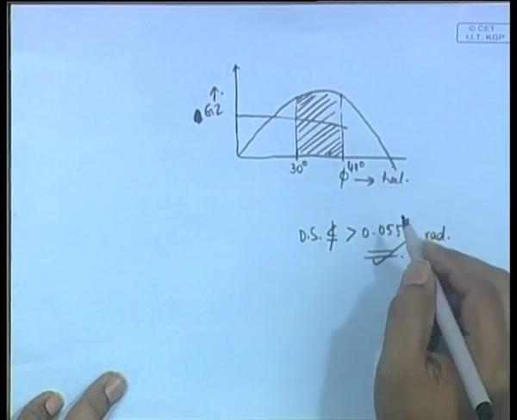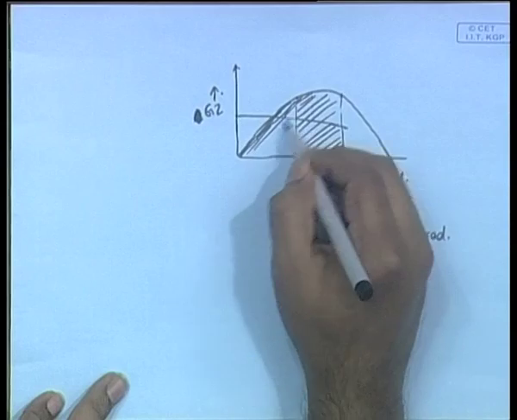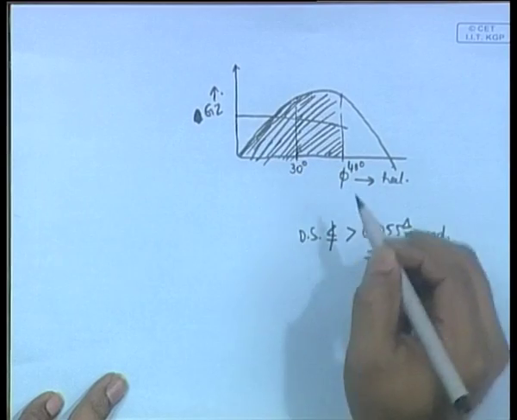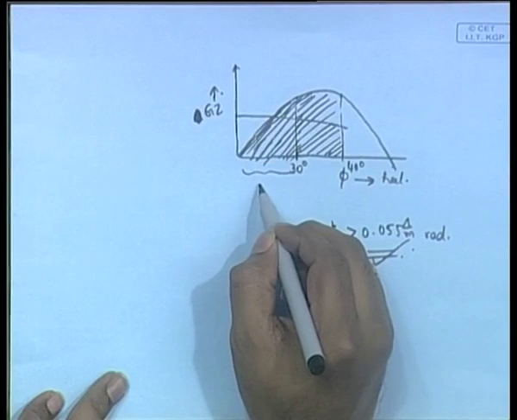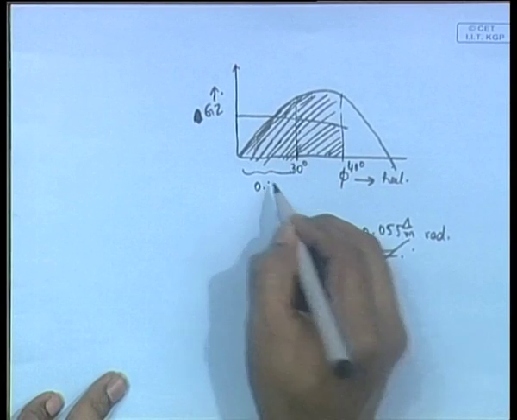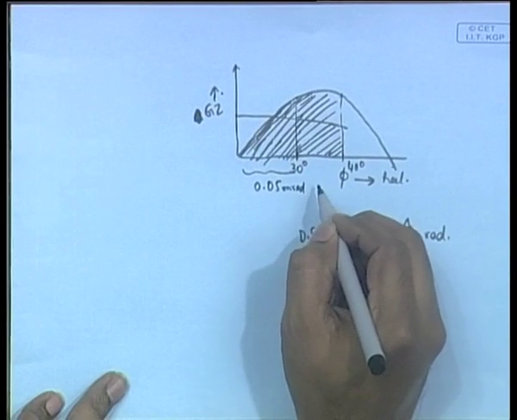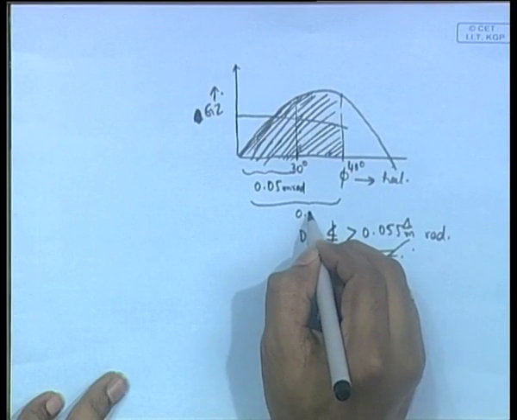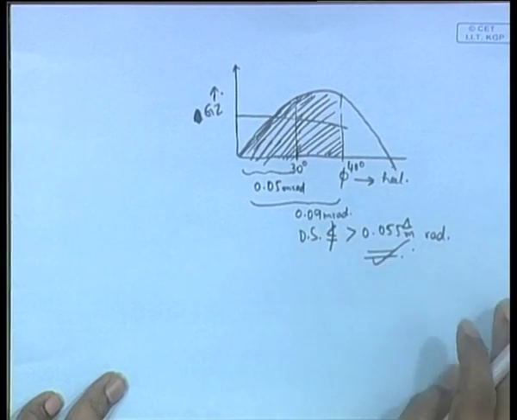Sorry, it is not like that. I made a small mistake here. The area up to 30 degrees should not be less than 0.055 meter radians, and the area up to 40 degrees should not be less than 0.09 meter radians, and this is the rule.